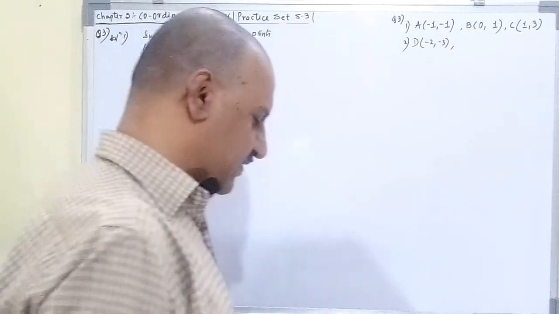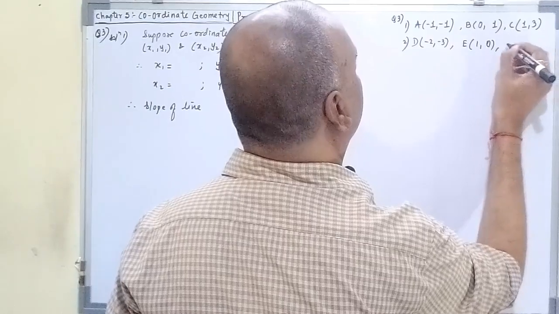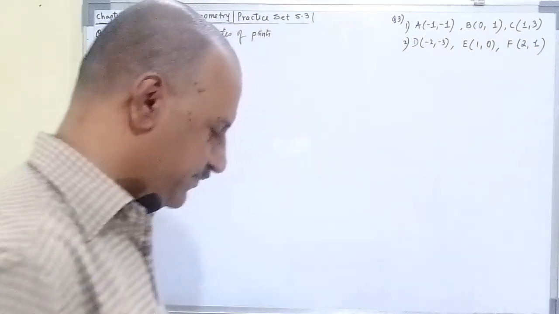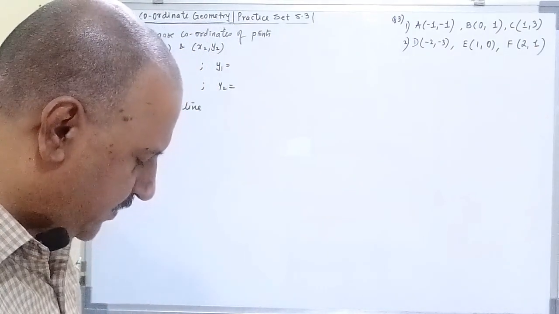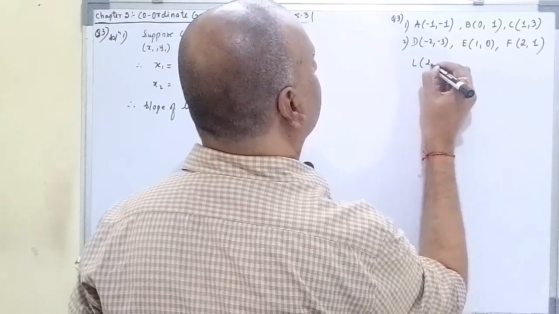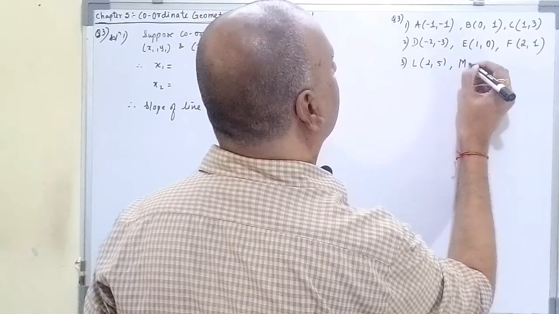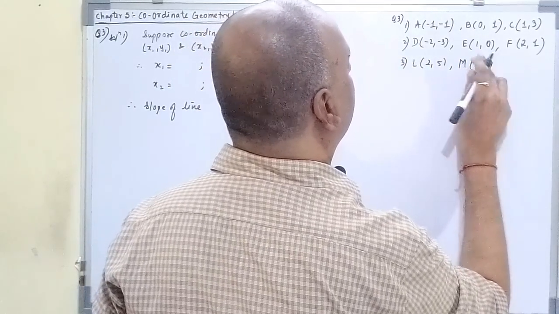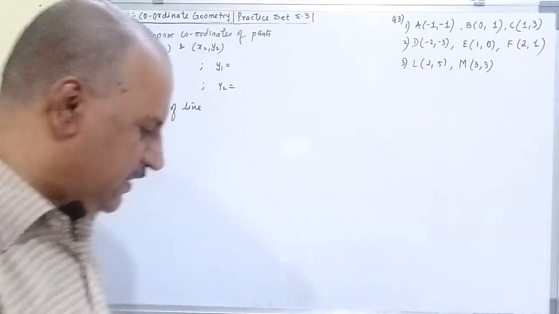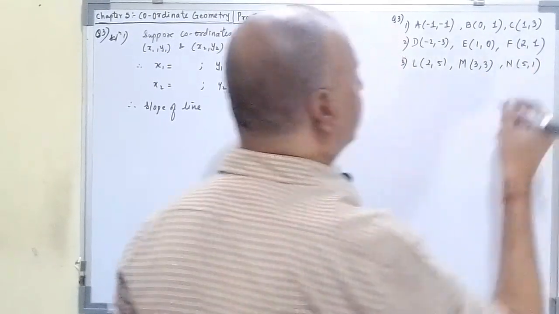E and F. E is 1, 0, and F is 2, 1. Okay, now 2, 5 and 3, 3, and N is 5, 2.